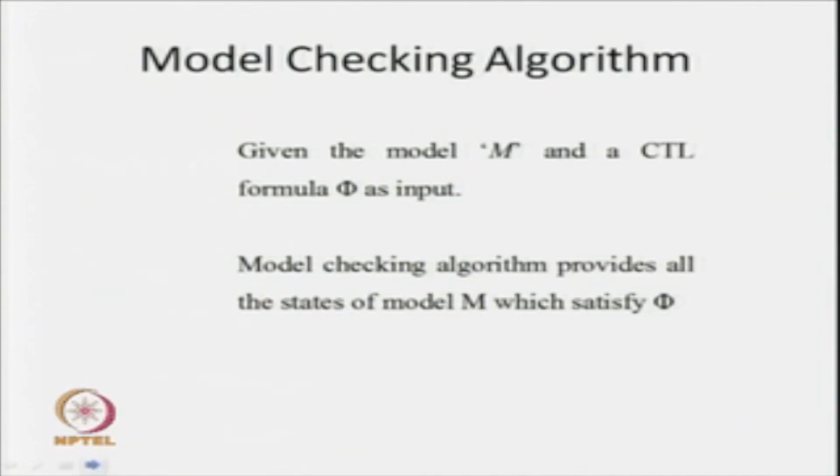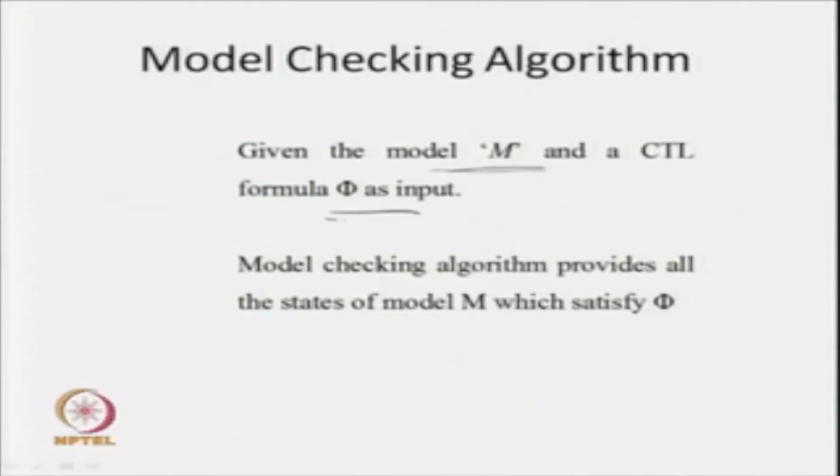In the last class, I also slightly introduced this model checking algorithm. In this algorithm, we have a system model M, along with one CTL formula phi, which is the property or specification of the system. How does the model checking algorithm work? It provides all the states of model M which satisfy phi. We give a model M and a CTL formula phi, and we collect all the states of M where phi is true.